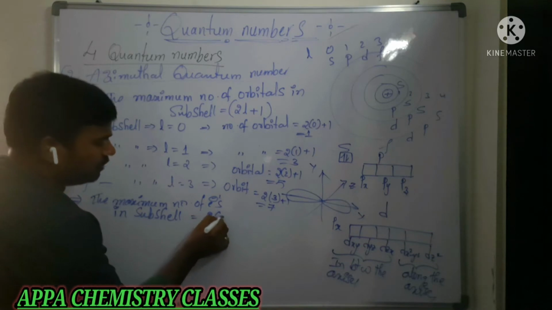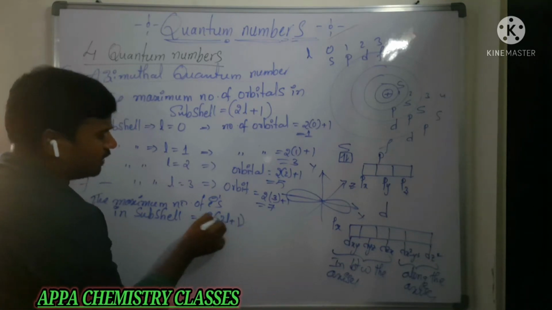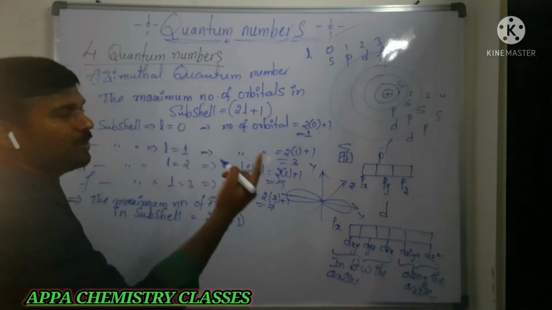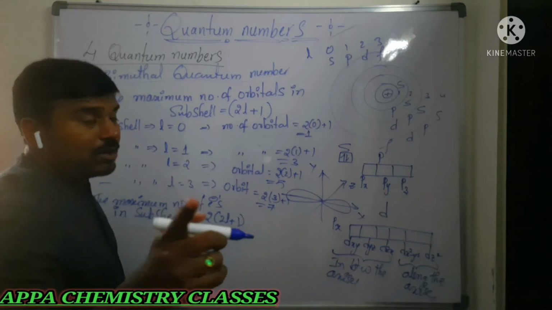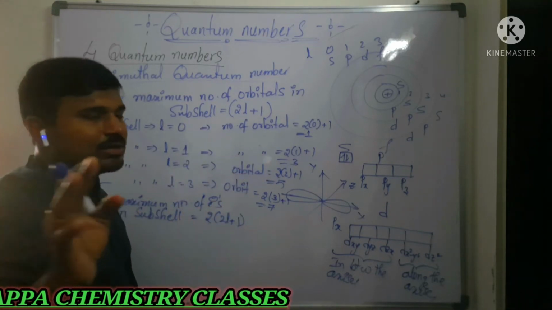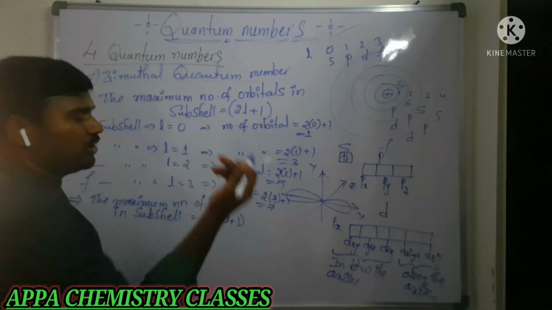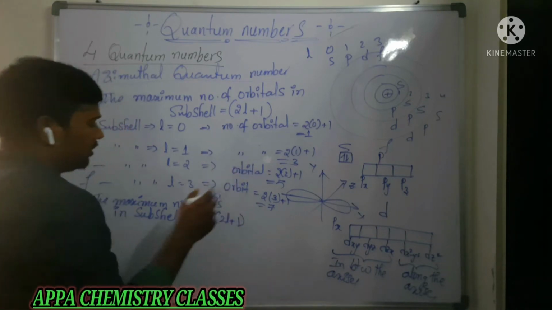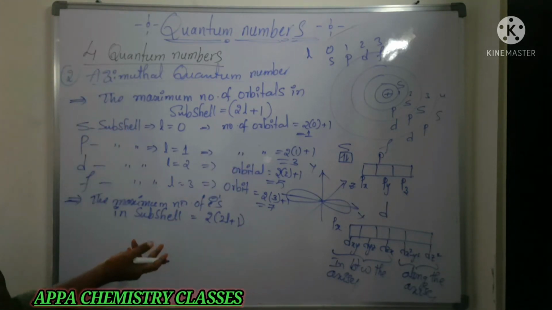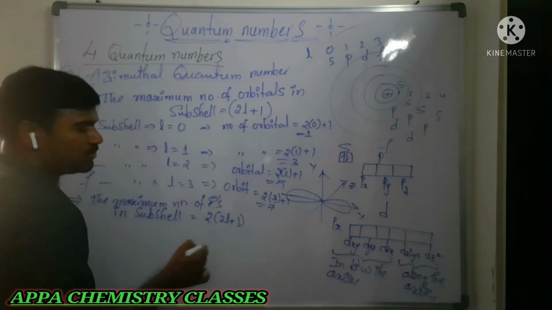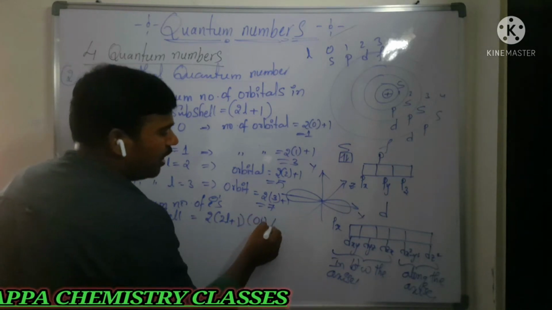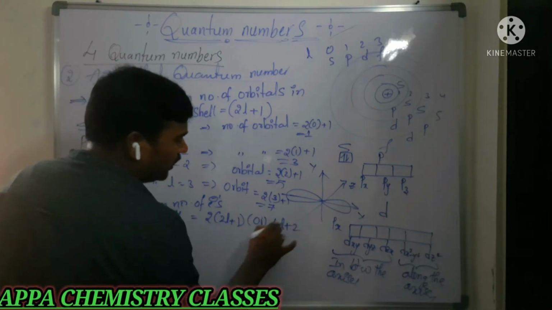The number of orbitals will be 2L plus 1, and in one orbital the maximum is 2 electrons. So 2 into 2L plus 1 gives the total number of electrons in a subshell, or else 4L plus 2, it is called.